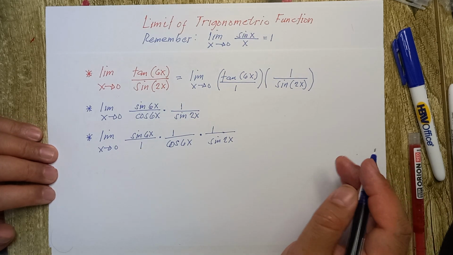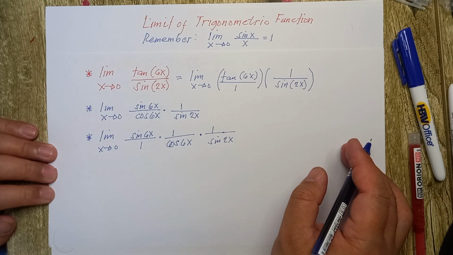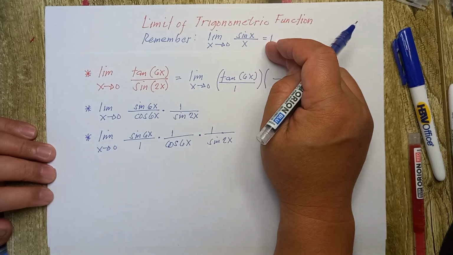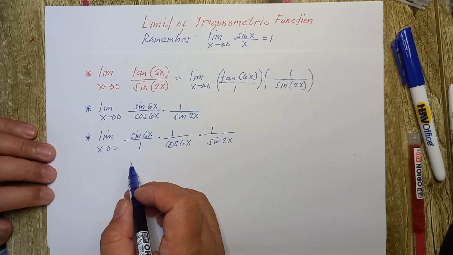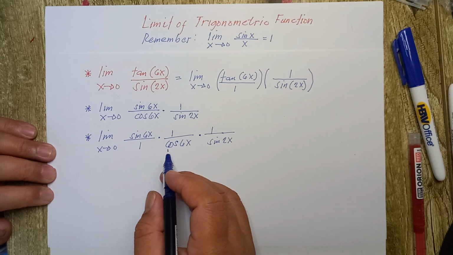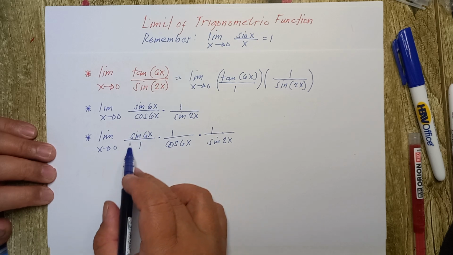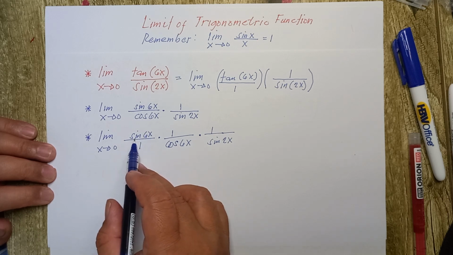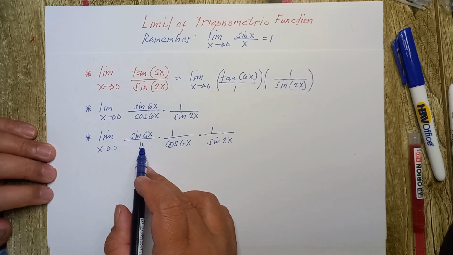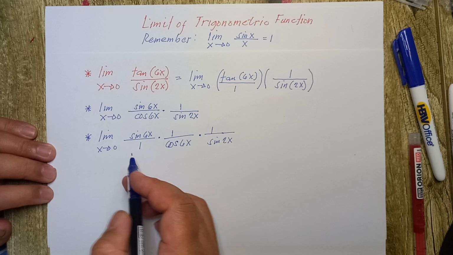Now, notice that our focus is this theorem. So in here, we need to have a multiplier, again, so that we can have 6. So what would be the multiplier with our sine 6x so that it will give you a denominator of 6x?